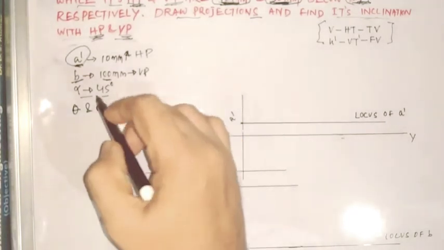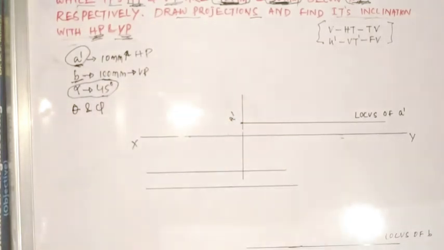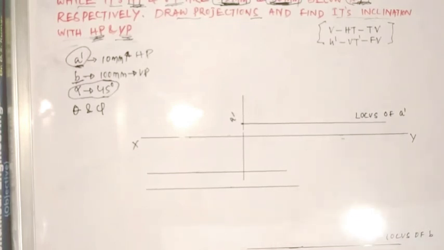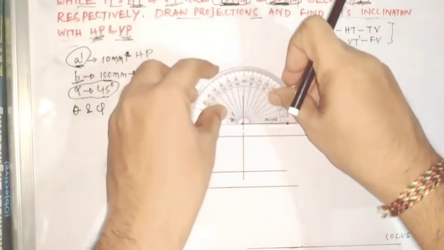Now important data, that alpha is given to us, which is the angle in between the horizontal line and your front view. So if we use that data, then I can draw the front view. So let us try to use that data, that will be helpful for drawing our front view.